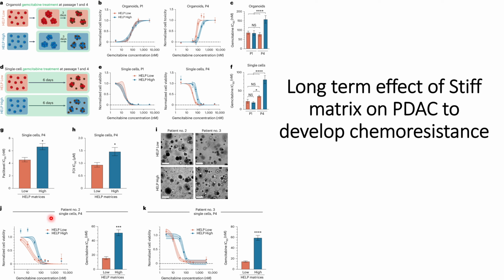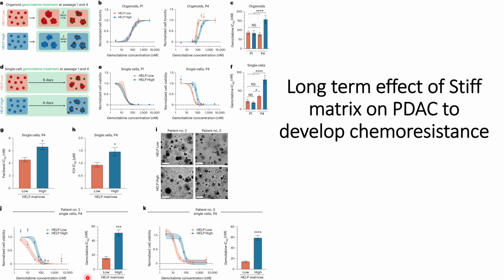Panel J is about patient number 2, where they did the experiment on single cells. What they found out is that cell viabilities are low in the HELP low conditions, whereas the cell viabilities of the pancreatic tumor cells are high in HELP high.